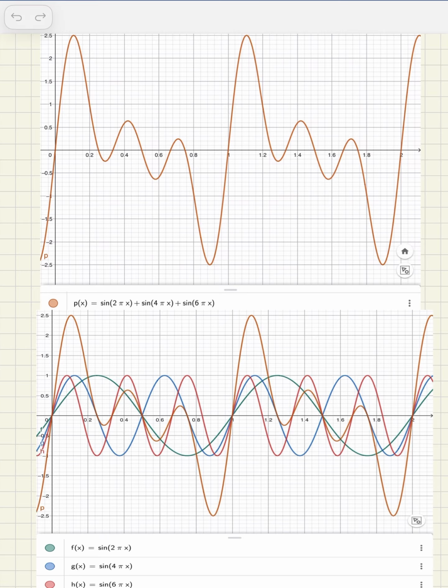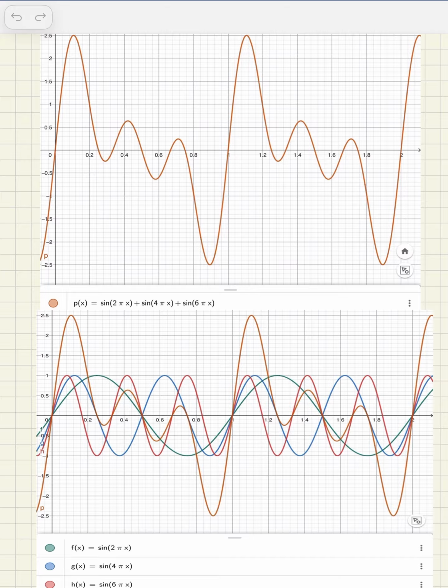In a combination of different periodic functions, the period of the combination will be the LCM of the periods of the individual functions. Here the periods are 1 by 3, 1 by 2 and 1, and the LCM is 1. So the combination signal itself repeats after 1.